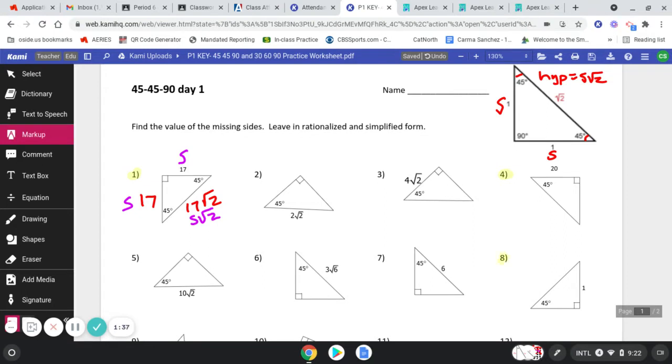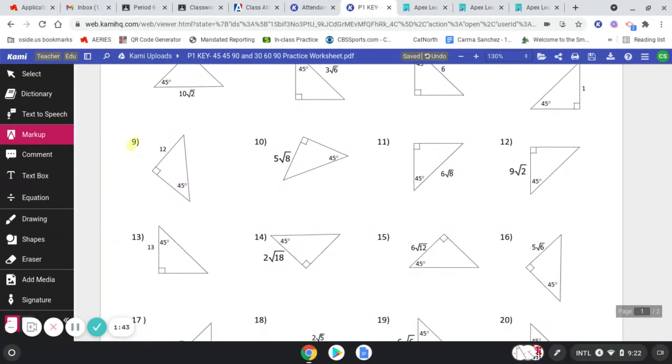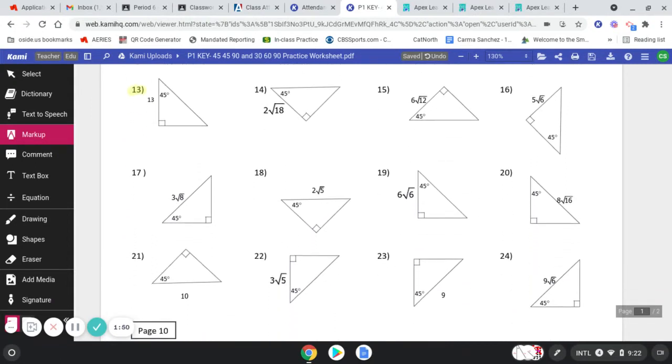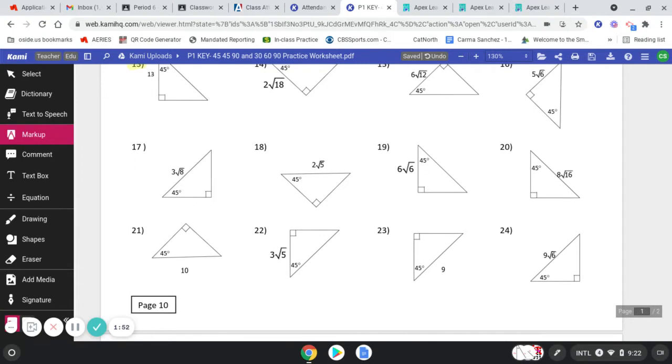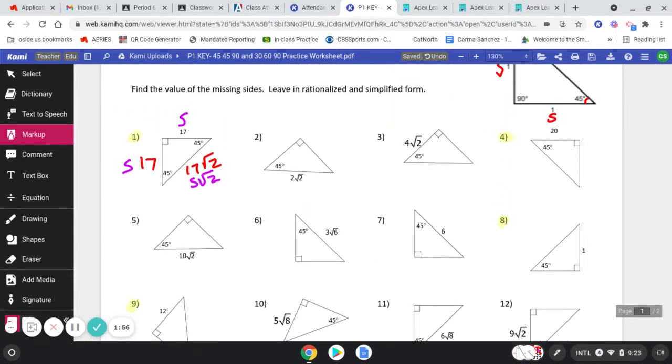Number 8 has a side length already given to us. Number 9 has a side length given to us. Number 13 has a side length given to us, just a nice whole number. That's the easy ones I'm talking about. And then that's it as far as the easy basic ones. So let's go do those first.